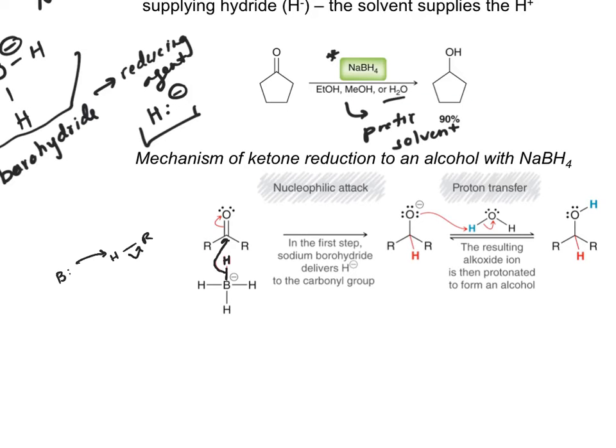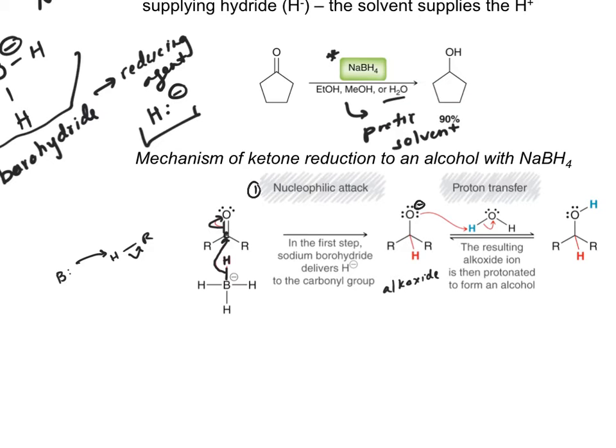That forms a bond between this carbon and this hydrogen, but because carbon can't have 5 bonds, the pi electrons are going to go up to the oxygen and form our first intermediate, which is this oxide ion, this negatively charged alkyl group. So again, this first step is nucleophilic attack from the hydride of the borohydride.